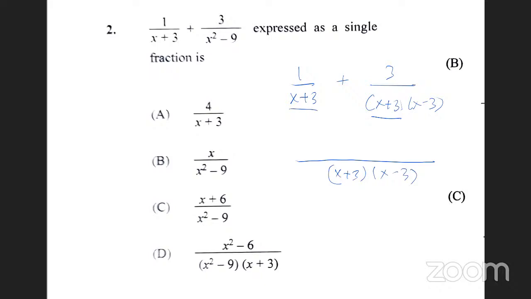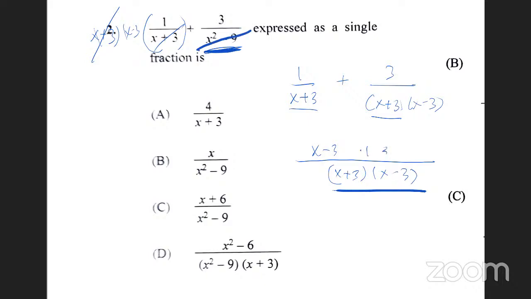Now, multiply that denominator by this numerator here. The x plus 2 will cancel, and you'll be left with x minus 3 multiplied by 1, which is x minus 3. Then, if you multiply this denominator by x squared minus 9, since they are the same thing, this will cancel.